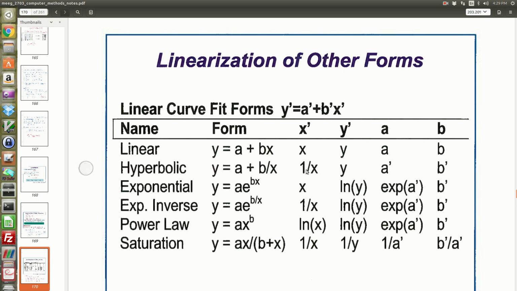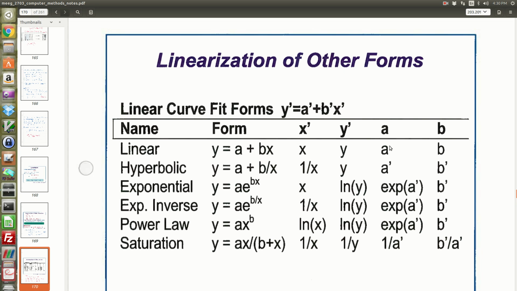So for the hyperbolic, to get x prime, you take 1 over x, and y you just leave the same. And for the exponential, x prime is equal to x and y prime is equal to the natural log of y. So you see this, and then it also shows you here the parameters.